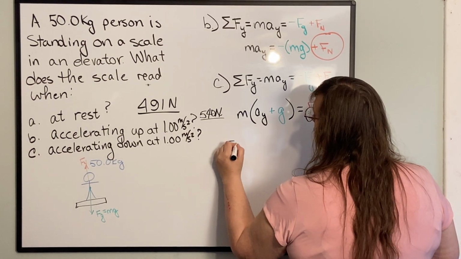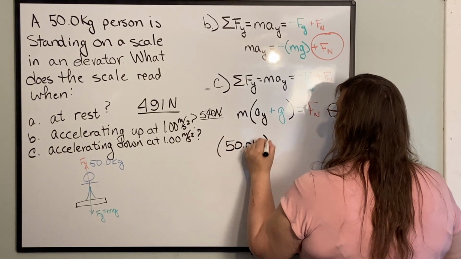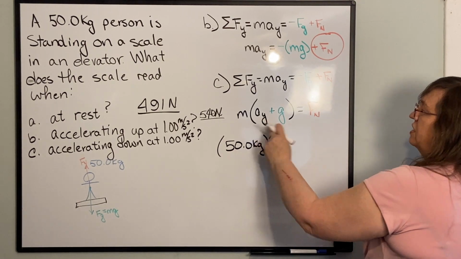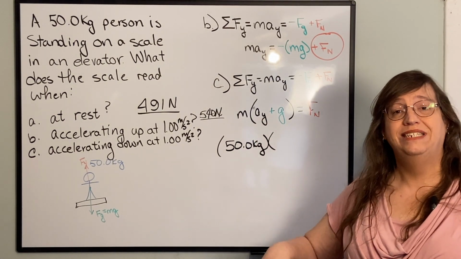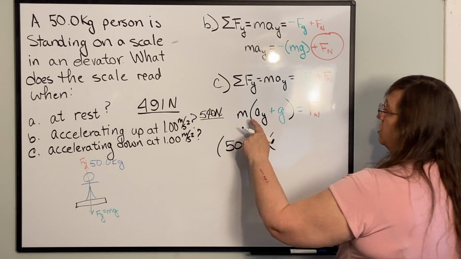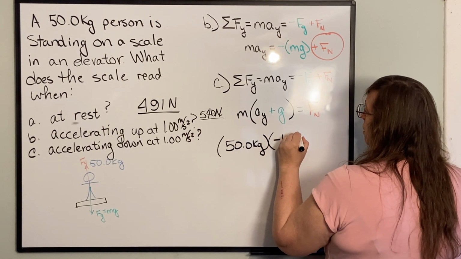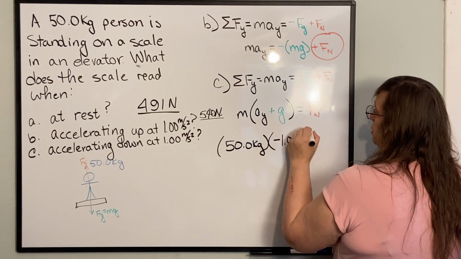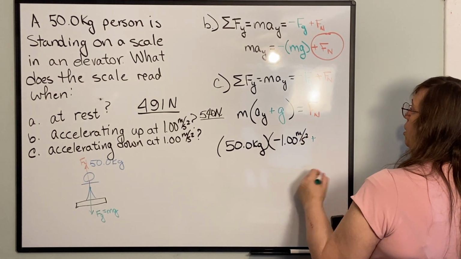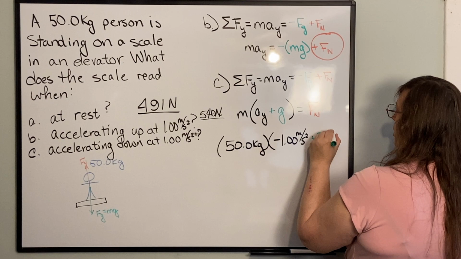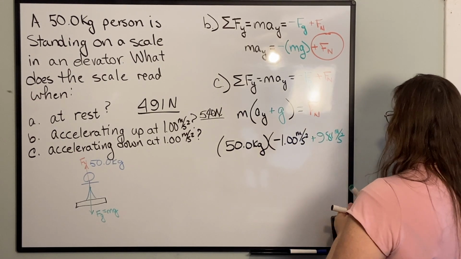So our mass is still 50 kilograms. The acceleration in the y direction. In this case, because the elevator is accelerating downward, our acceleration then is going to be negative 1.00 meters per second squared plus our 9.81 meters per second squared.